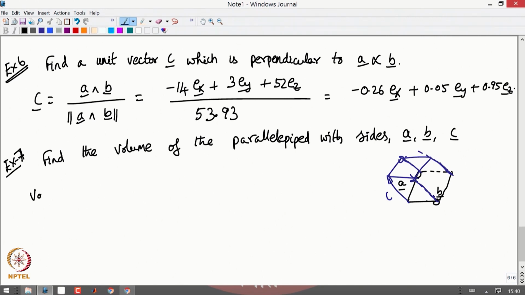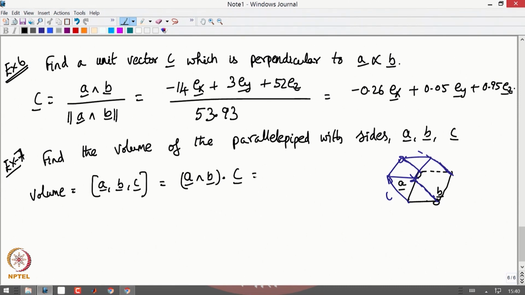Volume is given by the box product of A comma B comma C, which is nothing but A cross B dotted with C. Okay.